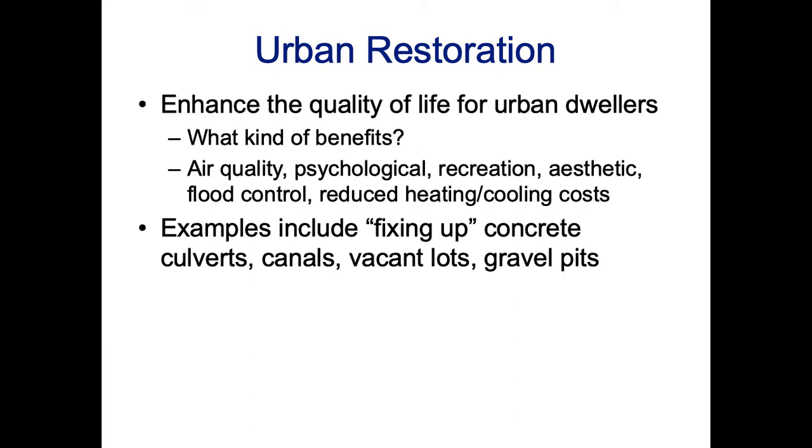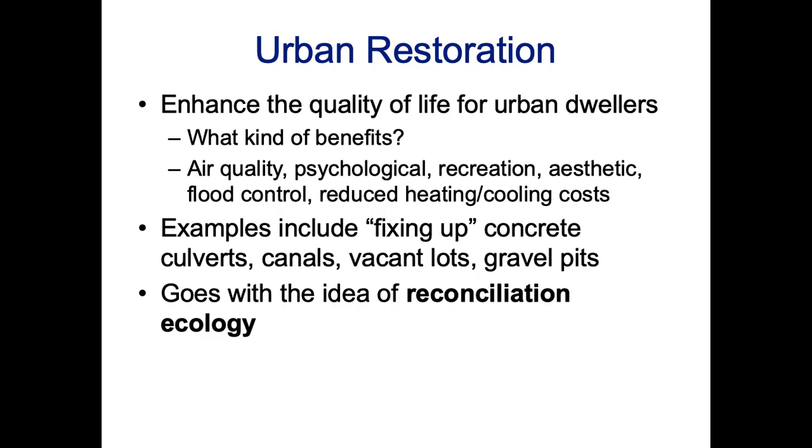Some examples include fixing up concrete culverts and canals, vacant lots, gravel pits, and adding a lot more plants that helps deal with the heat in the city because all that concrete and asphalt traps a ton of heat in the summer, making it warmer than the surrounding more rural landscape. And so that is also a reason for urban restoration.